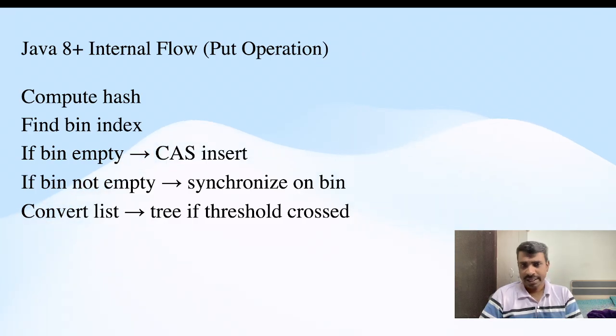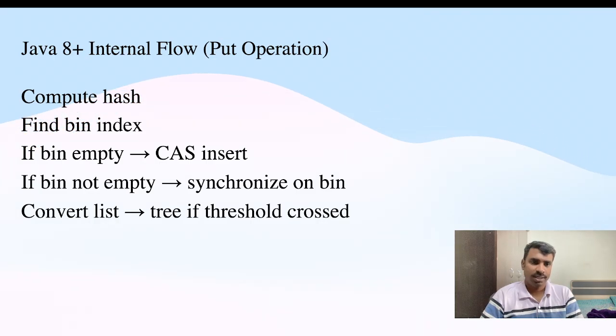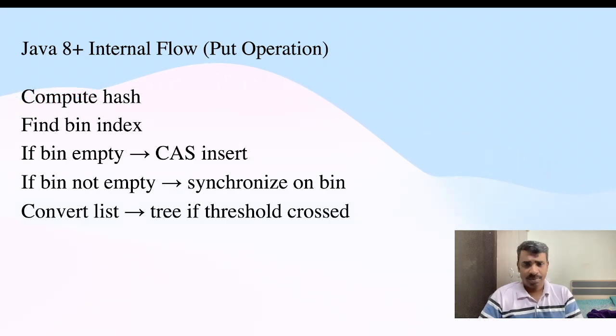As per the diagram I showed, initially it will be an empty bin. With compare and swap we will insert. Then if there are more collisions happening, with the resize and treeification logic, first it will create a linked list, then it will convert into a red black tree.